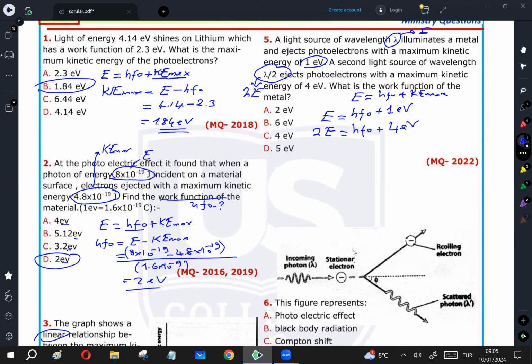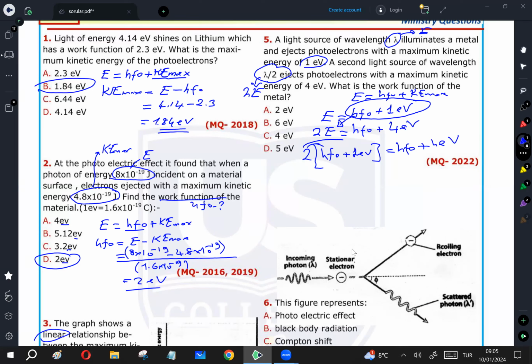I will calculate hf0. There are several ways of doing such problems, but I'm going to do one of them. Generally, students can understand it better. Instead of E here, I'm going to write hf0 plus 1. So 2 times (hf0 plus 1 electron volt) is equal to hf0 plus 4 electron volts.